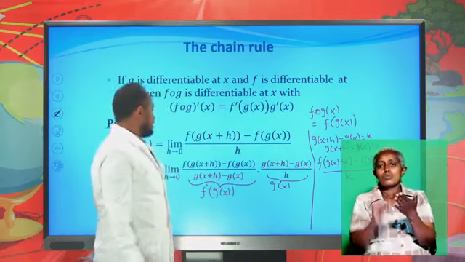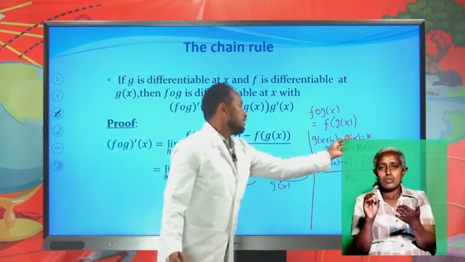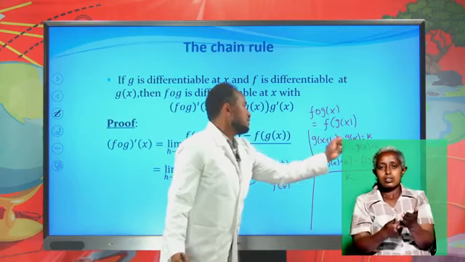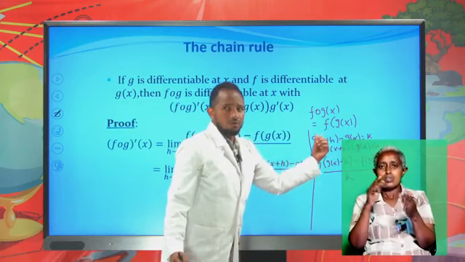So when h goes to 0, g of x plus h goes to g of x, so k will also go to 0.